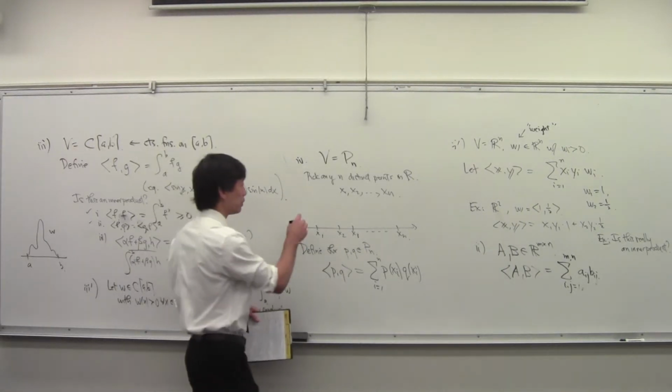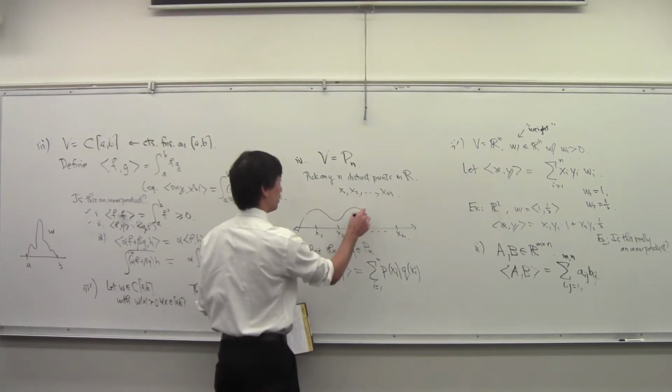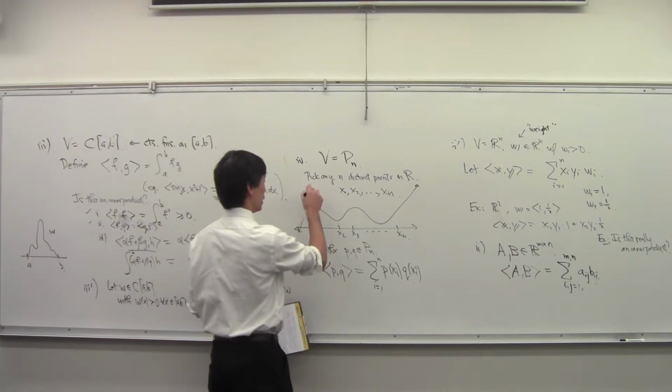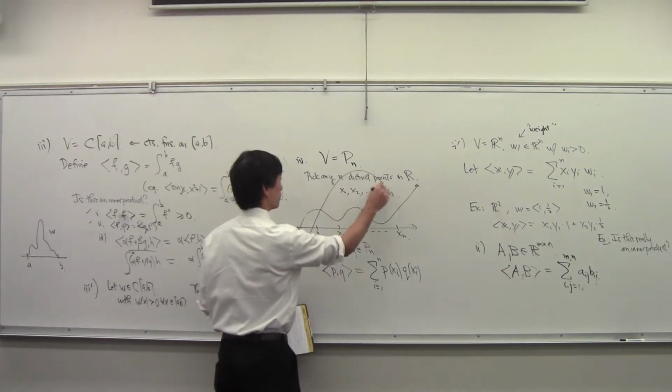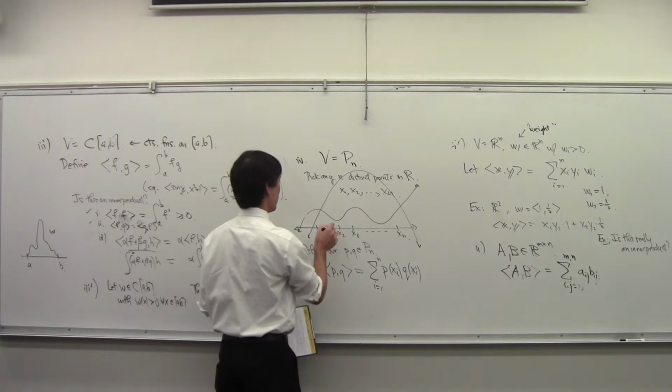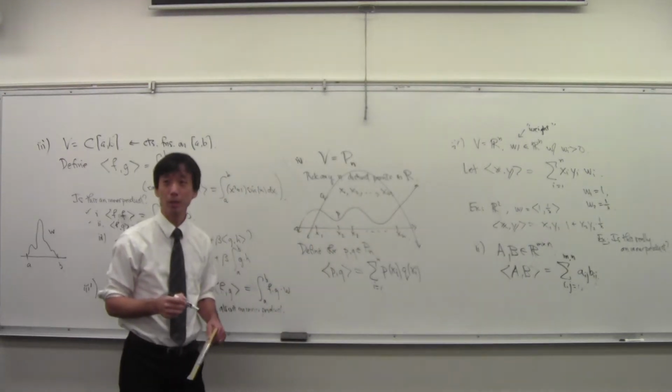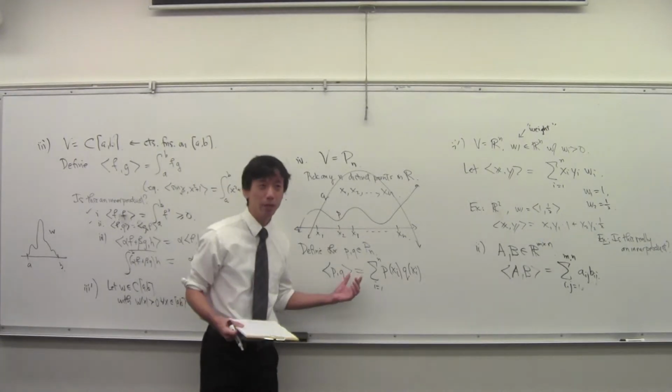Suppose you have one polynomial p and some other polynomial q. We're going to make an inner product in a very weird way.